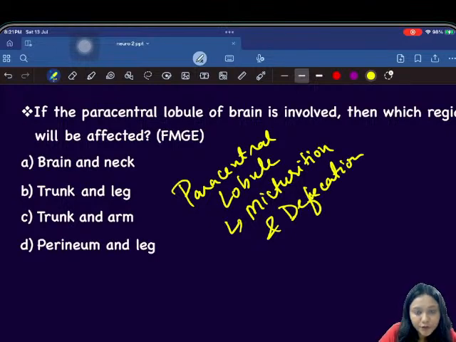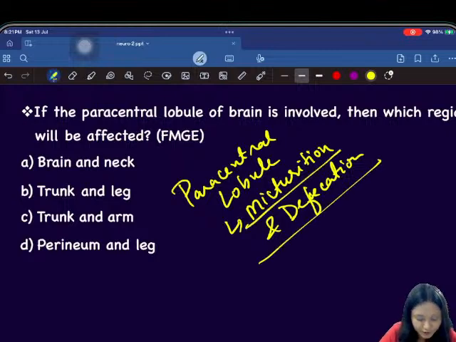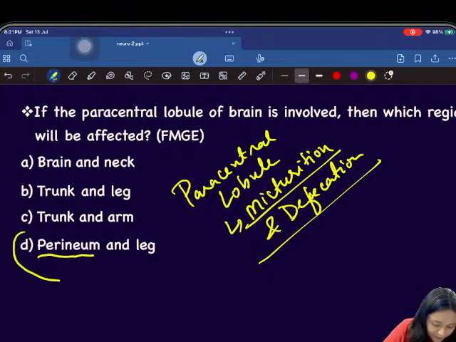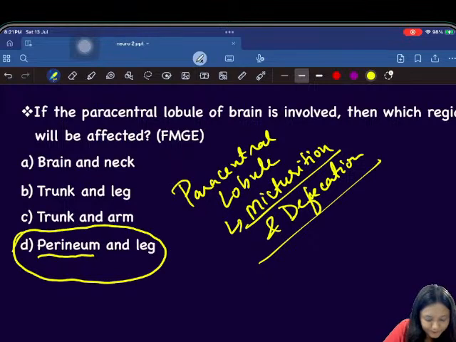With that, if I'm telling you micturition and defecation, you have to mark the answer perineum and leg. Okay, the answer will be perineum and leg.